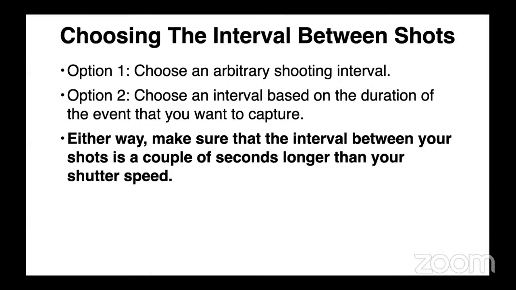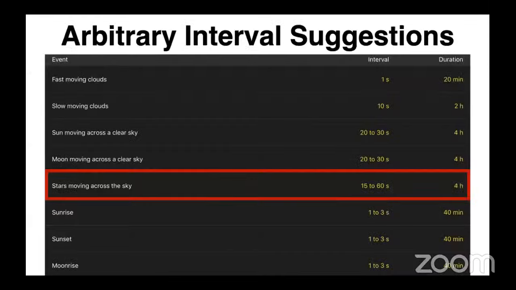If your shutter speed is 15 seconds, there is no way that you can shoot a second photo until after 15 seconds have passed, plus a little bit of time for that file to be written to your camera's memory card. So something like 16 seconds, 18 seconds, 20 seconds, that would be the minimum possible interval if we want one photo after another throughout our sequence. So there are ways to pick an arbitrary interval.